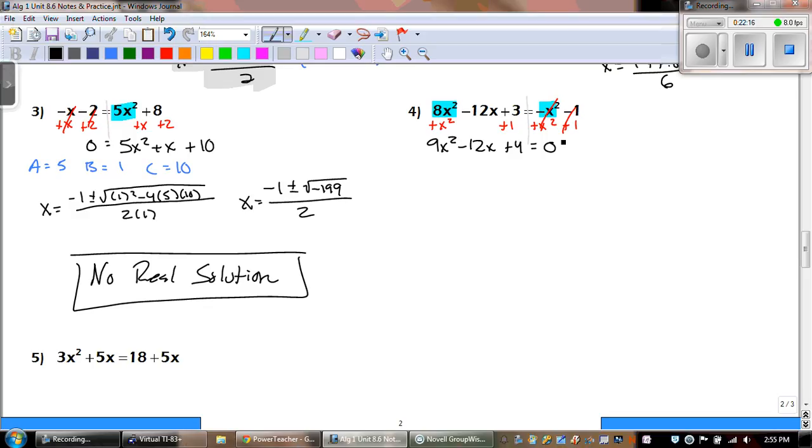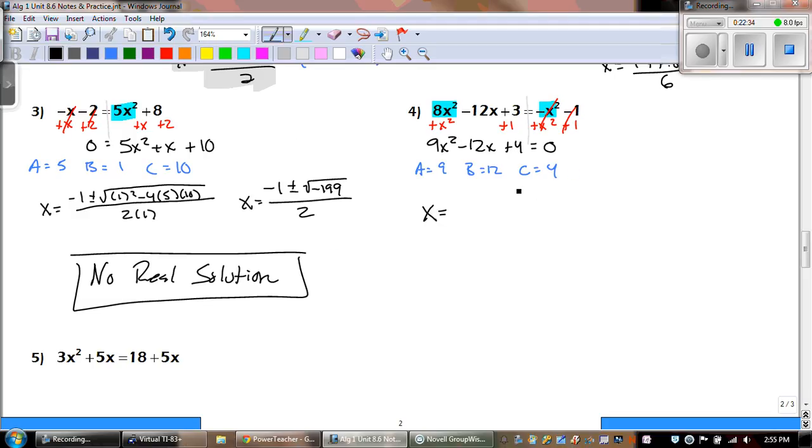Now, guess what? This can actually be factored. Okay? But what we want to do is practice using the quadratic formula. So a equals 9, b equals 12, and c equals 4. Okay?